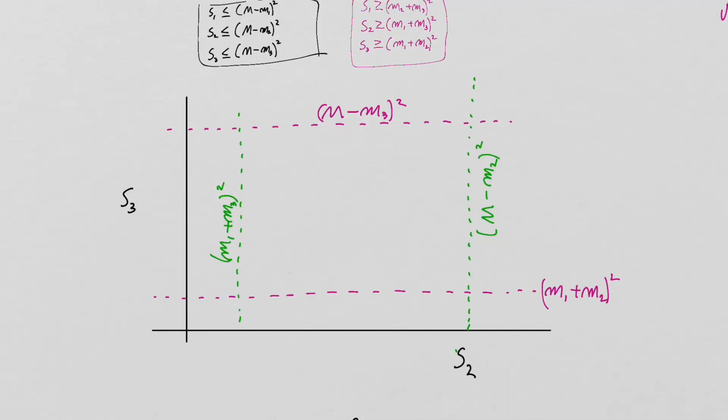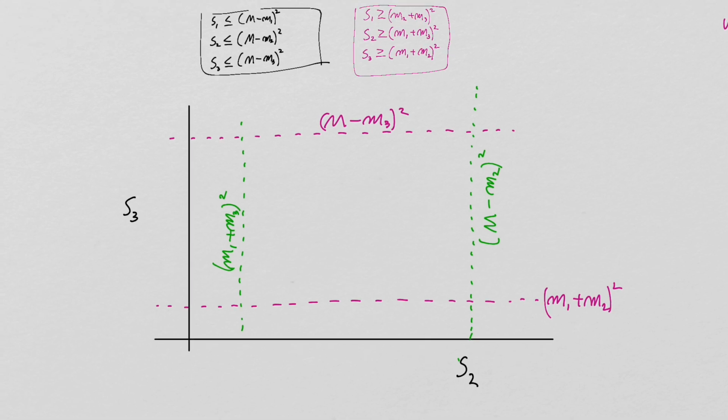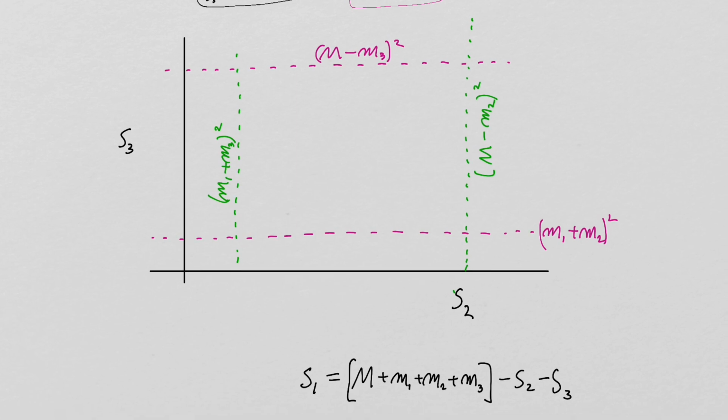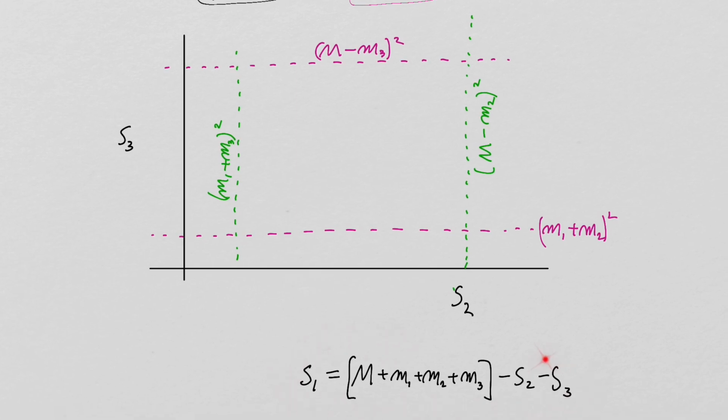The last thing we'll say is we figured out these constraints, and so if you plot S3 on one axis and S2 on the other, you get a rectangle of minimum and maximum area. You might think, oh, well, S2 is constrained in here and S3 is constrained here, and S1 is calculated from S2 and S3.